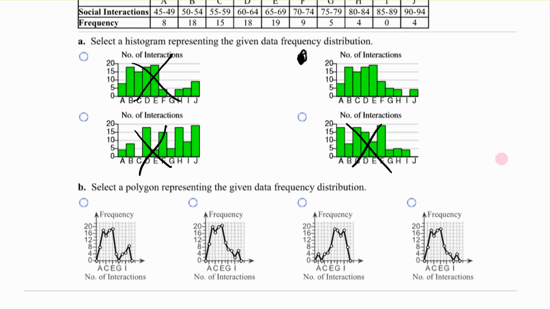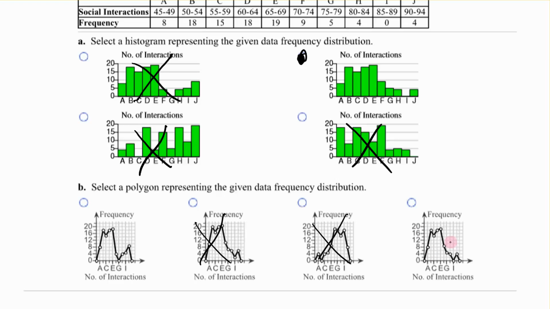Now, I need to be able to see my frequencies, but I may blow these up. All right, A is 8. So A is 8, yes. That's above 8. A is way too low, it's 4. A is 8. So it's either the first one or the last one.